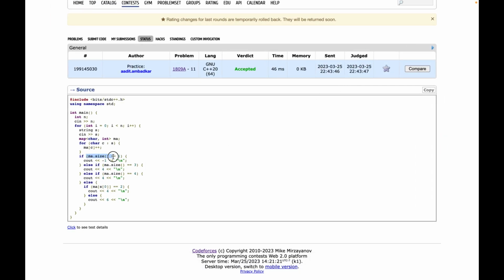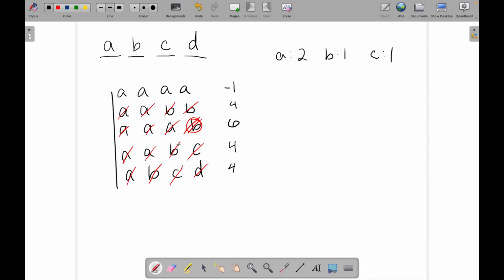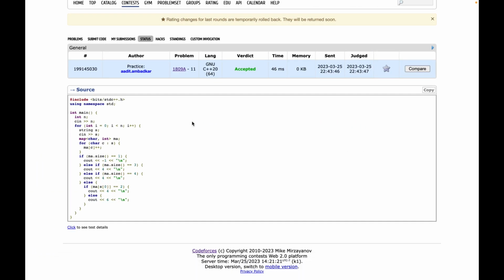If the map has a size of 1, all of the colors are the same, which is impossible. If it has a size of 3 or 4, then we've already shown that the answer is 4. The tricky part is handling a size of 2.